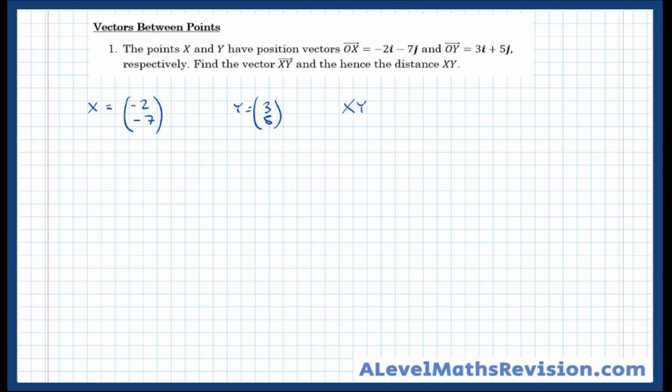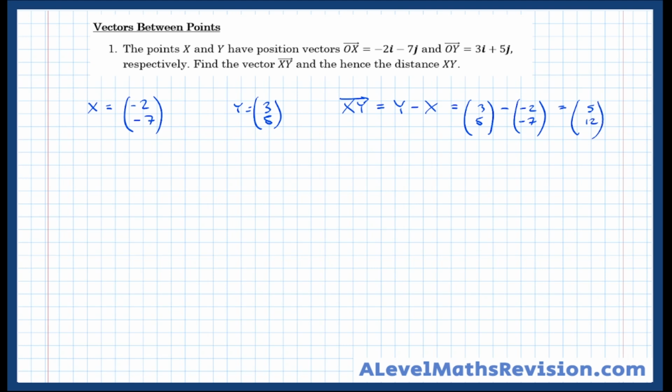So XY, we get by doing Y take X, and that goes for any 2 sets of points. We simply subtract their position vectors, so second take first, in order to find how to get from one to the other. So that becomes (3, 5) minus (-2, -7), which is equal to (5, 12).